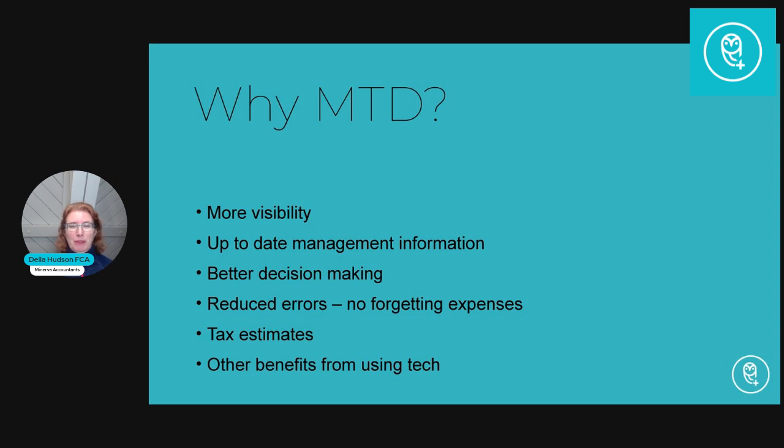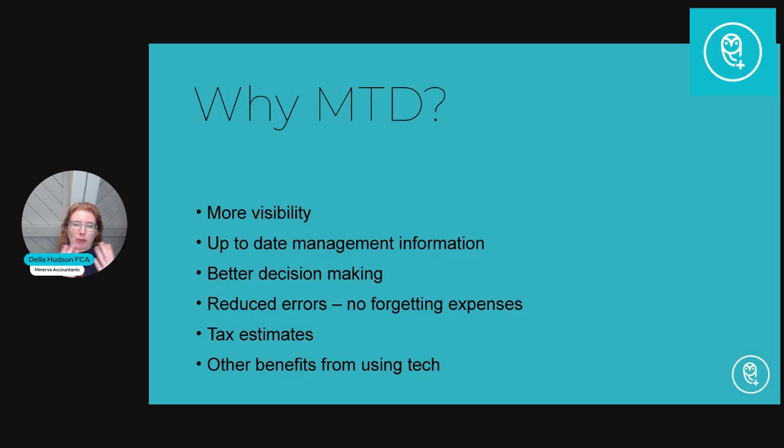From my perspective as an accountant and as a business owner, there's more visibility for me. I've got up-to-date management information on my clients, which means they'll make better decisions, or we can help them to make better decisions. There'll be reduced errors because they won't forget the expenses.